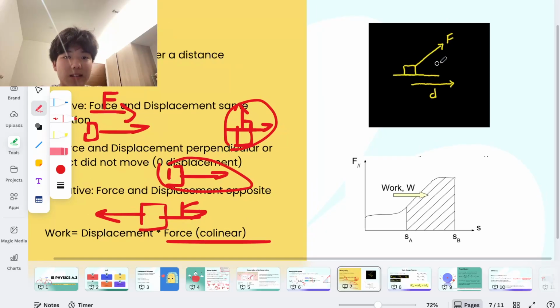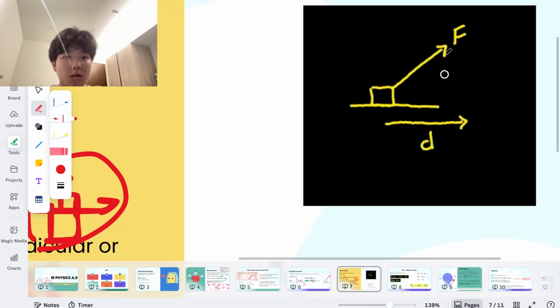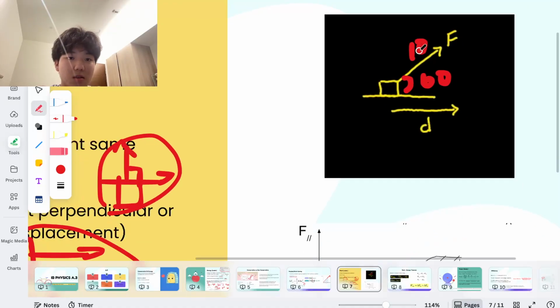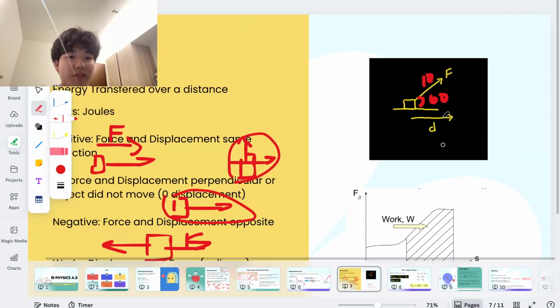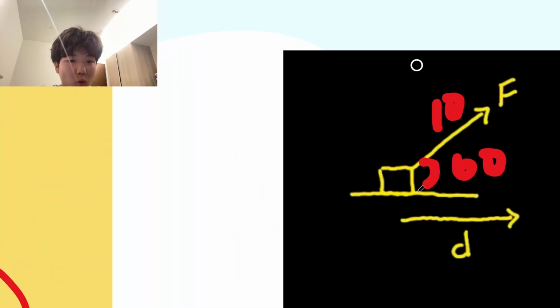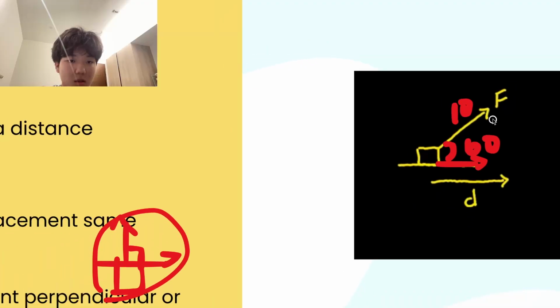So let's take a look at this example. We have a box moving this way, distance d. Say this angle is 60 degrees, and this force is 10 newtons. If we want to find the collinear force, we need to find the horizontal component of this force.